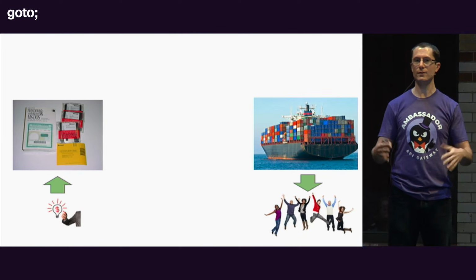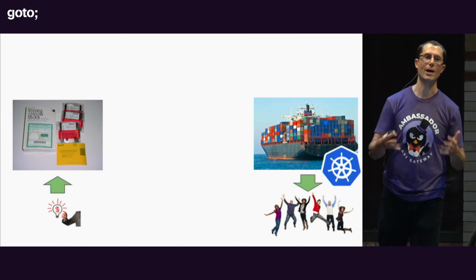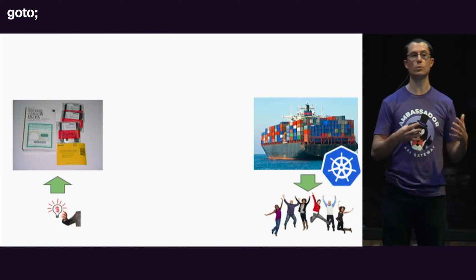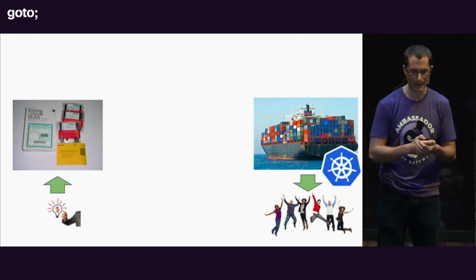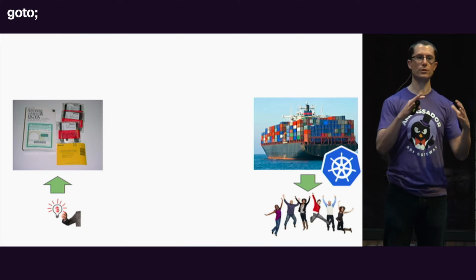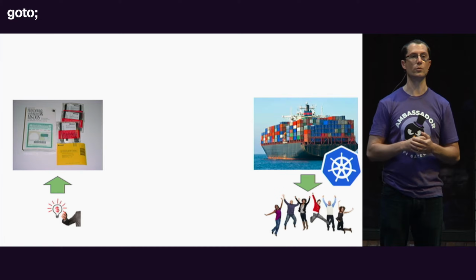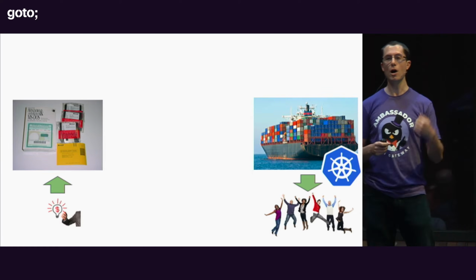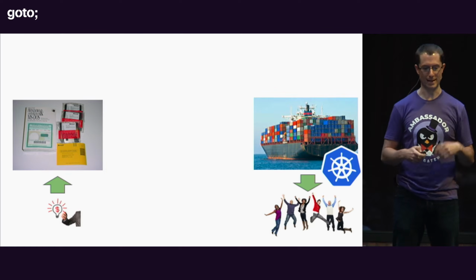Cloud native is a bit of a buzzword, but things like containers and Kubernetes are where it's at. Kubernetes pretty much won the container orchestration wars between Mesos and Docker and these things. I'm going to focus on some of the Kubernetes things today. But regardless of what kind of cloud-native platform you're building on, hopefully many of my lessons and many of my mistakes that I'm going to share will resonate.